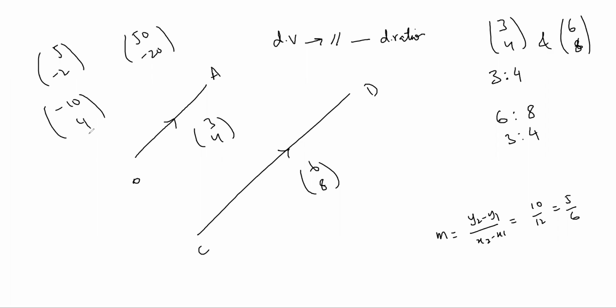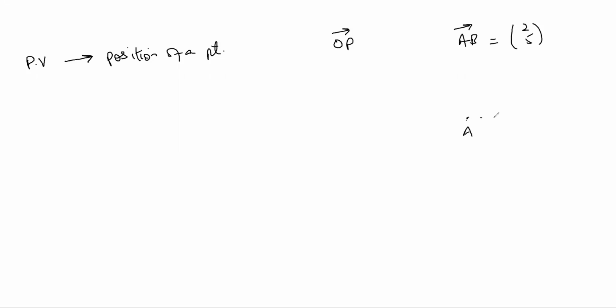So we have so far discussed the concept of position vector. This is related to the position of a point. Okay, position of a point. If you say OP, that is clear, the position of the point P is relative to the origin. When we say AB, if there is a vector AB which is 2, 5, and you have the point A over here, you will go 1, 2, 3, 4, 5.